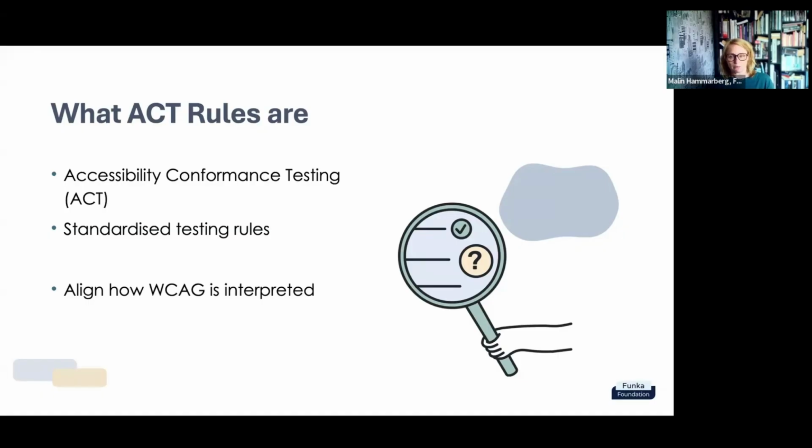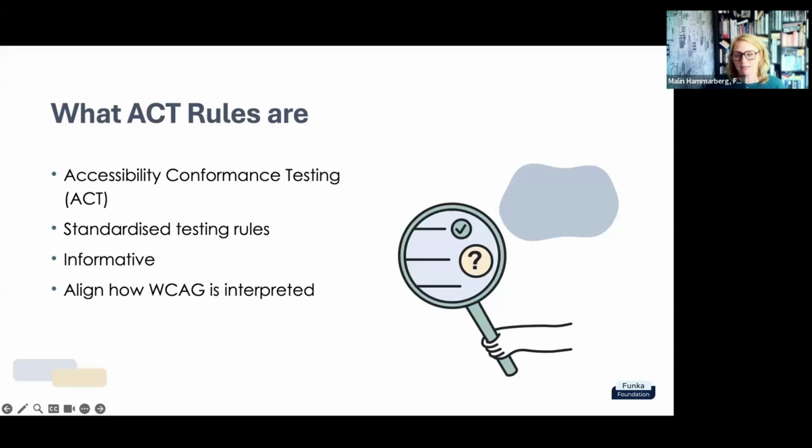And the ACT rules sit along these support documents and are a set of standardized testing rules. ACT rules are informative. That means that they are provided for guidance, clarity, and consistency in testing, but they do not set mandatory requirements and they do not determine conformance on their own.